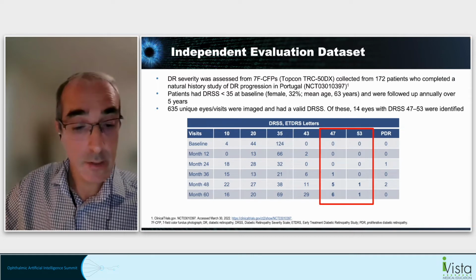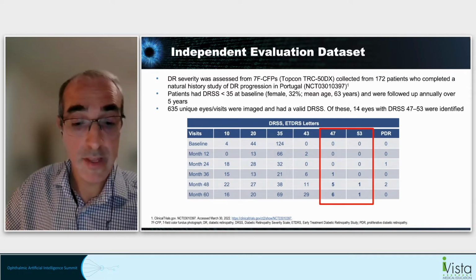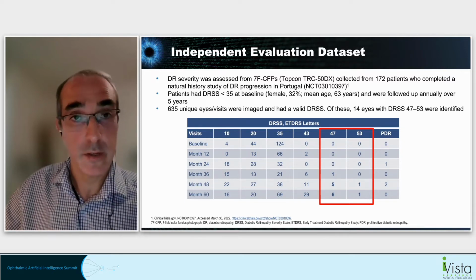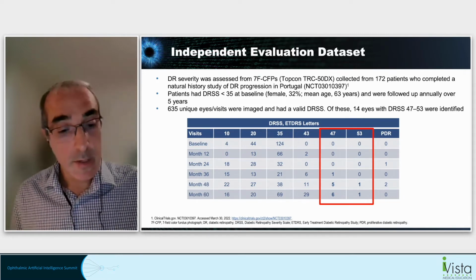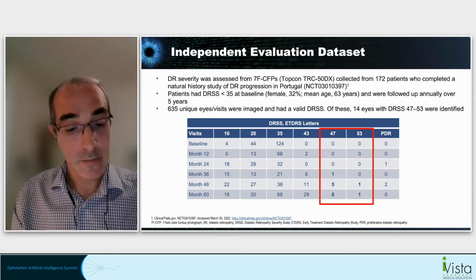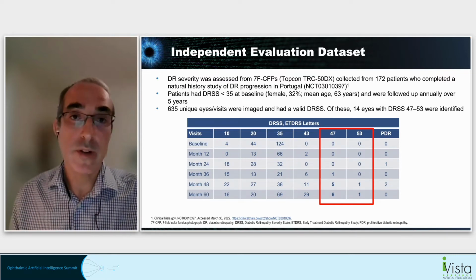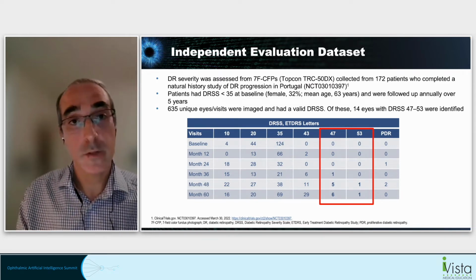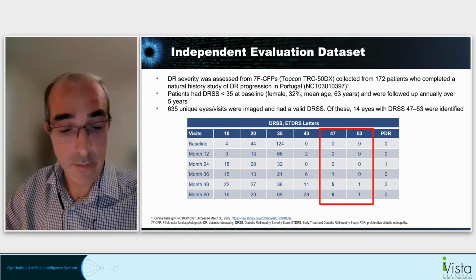At the baseline visit, most of the patients had mild diabetic retinopathy, and a few progressed over time on the DR severity scale. Overall, we had imaging data from 635 unique eye visits with valid DR severity scale, which we used to evaluate our algorithm. Of these eyes, 14 had the relevant severity scale, that is 47 to 53.